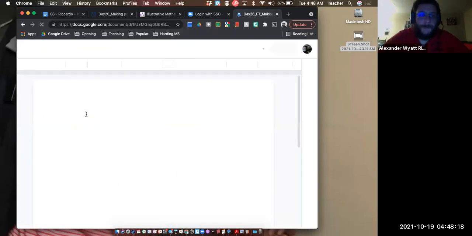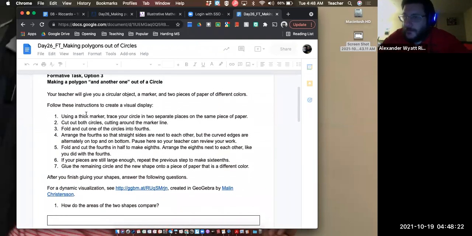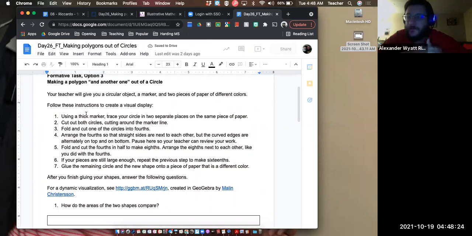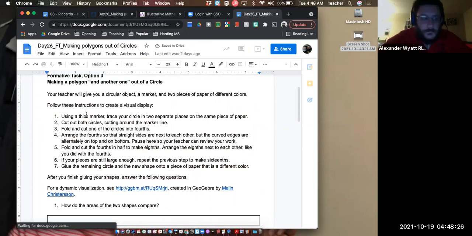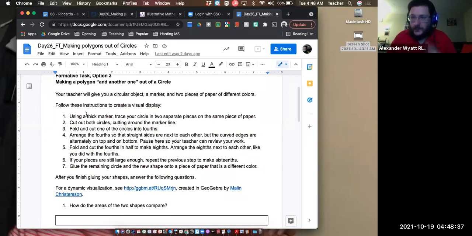All right, so this is something that I wanted to do yesterday, but I wasn't there and we didn't have time. So what you want to do is get something circular, anything circular. Put it on a piece of cardboard, cut it out, 2 different colors.